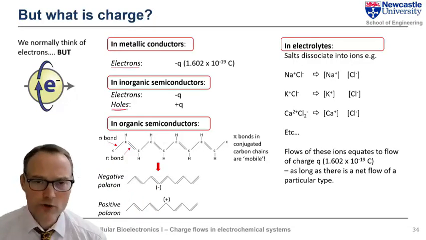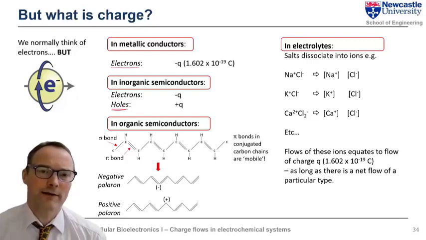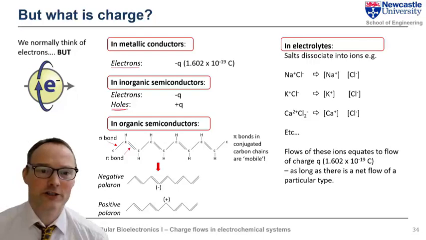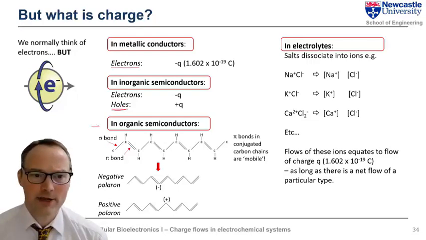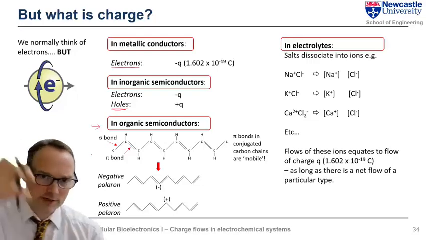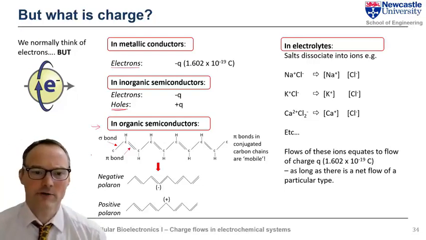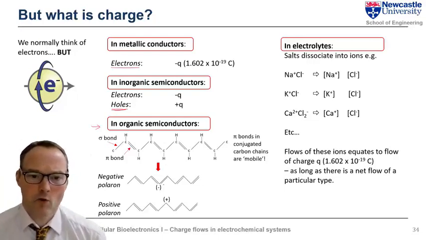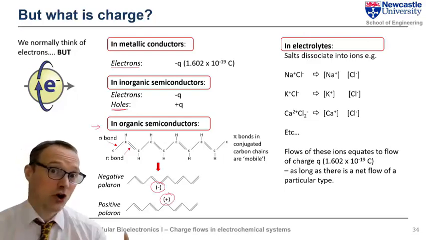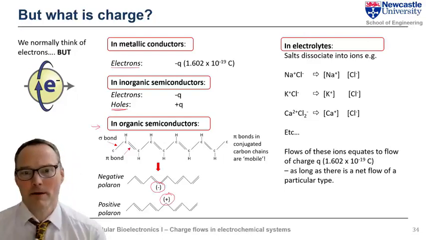Now, it's also worth noting that there are other ways of considering charge. So in organic semiconductors, where effectively you've got these single bond, double bond, single bond, double bond type scenarios, where you've got a kind of a bond defect, we can think of negative and positive charges as a kind of bond defect.